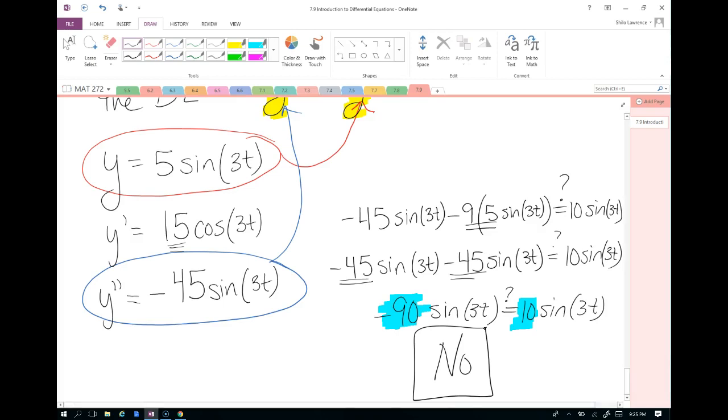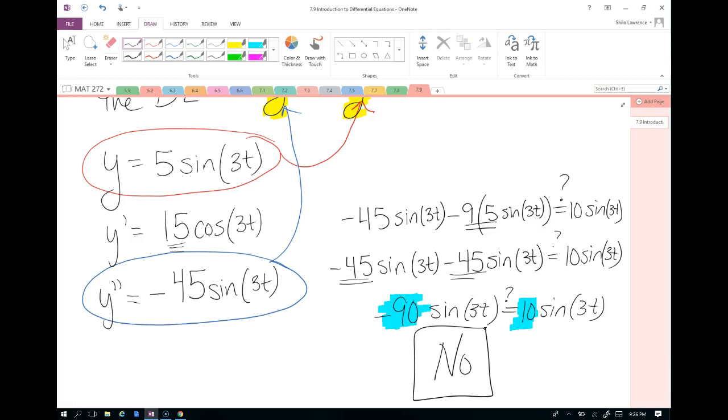Because when we work it out algebraically, I've got negative 90 sine 3t equals 10 sine 3t. Again, don't try to move one of those over to the other side and combine them and solve. We're not being asked to solve for t or anything like that. We're just being asked to verify if something is a solution.